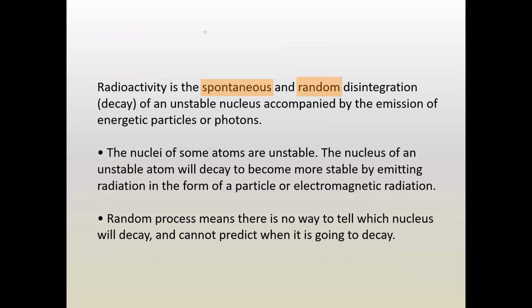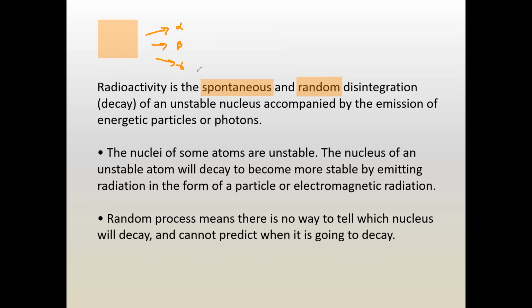What is the meaning of spontaneous? Spontaneous means we cannot trigger this, we cannot change it. The amount of radiation which the material is emitting cannot be changed. Say there is a radioactive material emitting radiation such as alpha, beta, and gamma.